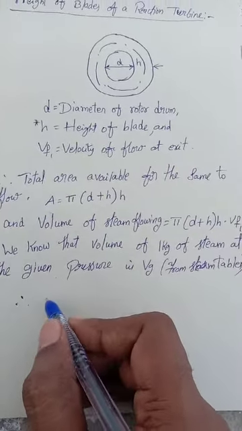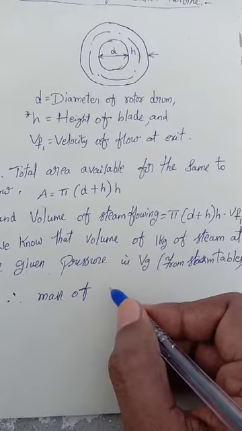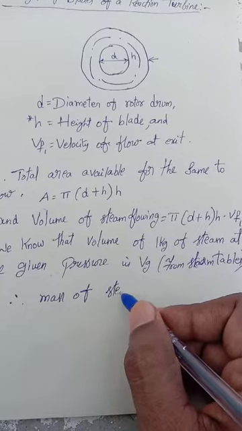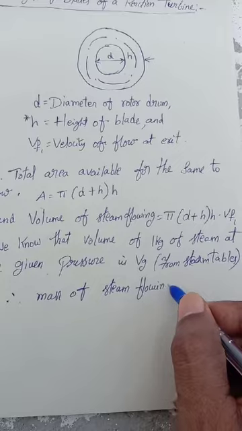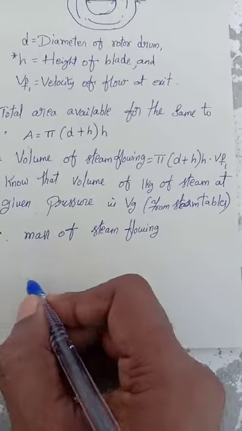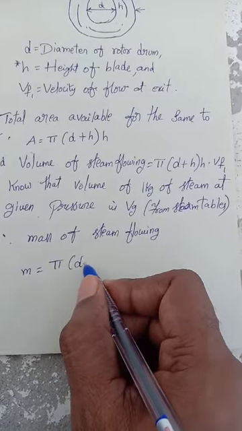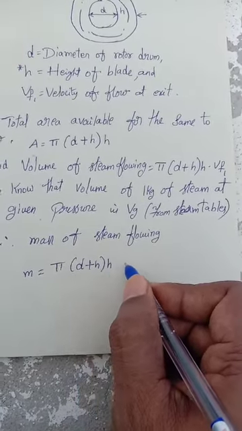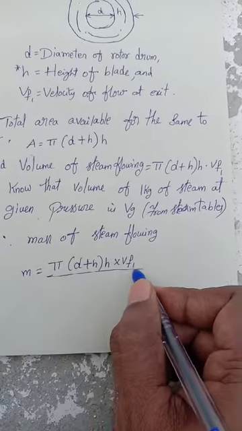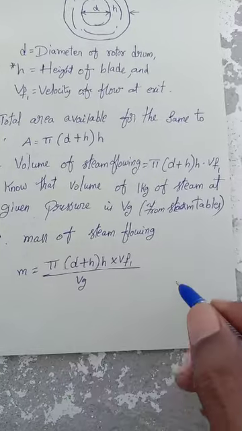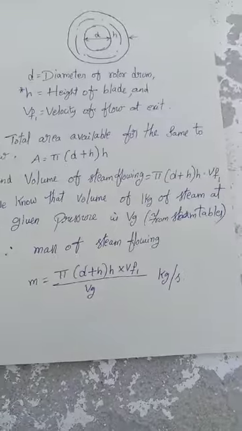So therefore the mass of steam flowing, m is equal to pi into (D plus h) into h into Vf1 divided by Vg. Now this is in kg per second.